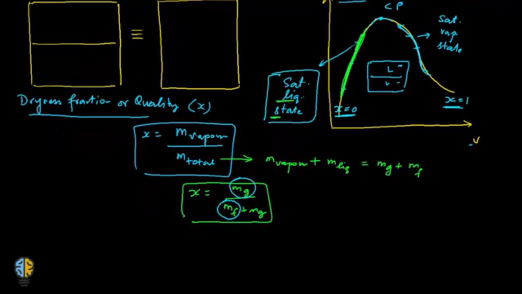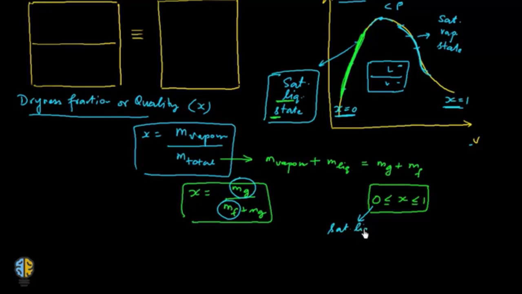This gives us the conclusion that the value of x lies between 0 and 1: 0 on the saturated liquid line, and 1 on the saturated vapor line. This is a very important conclusion.